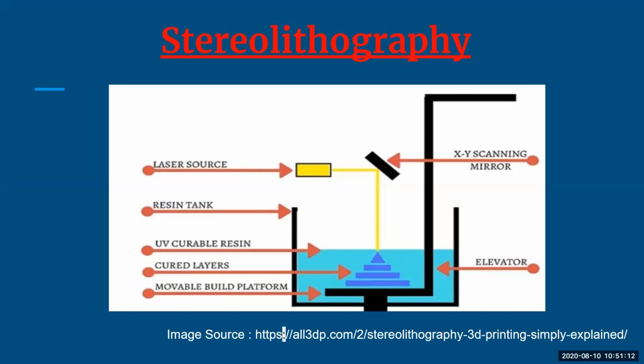At each step, the UV curable resin is cured. The layers which are already processed are called cured layers, and you can move the build platform horizontally or vertically if you want. So that is your stereolithography.